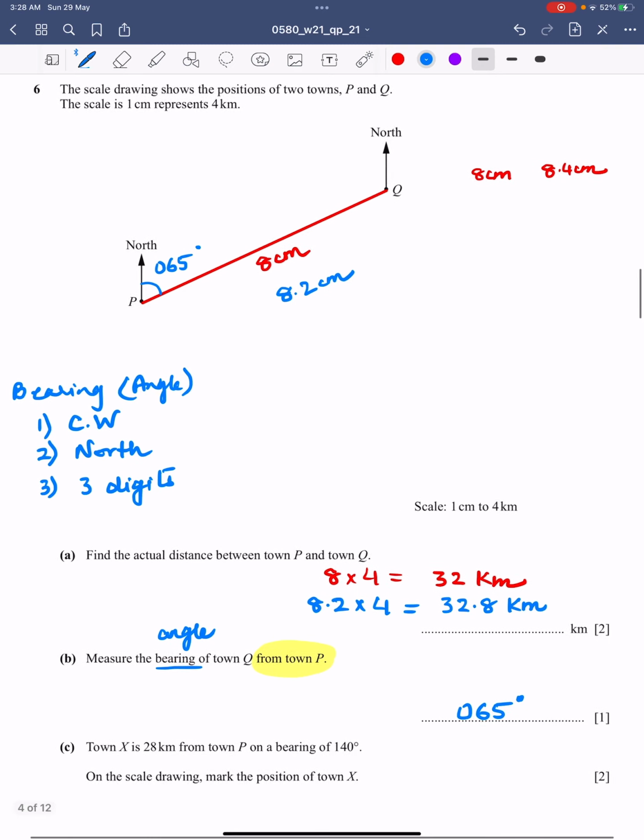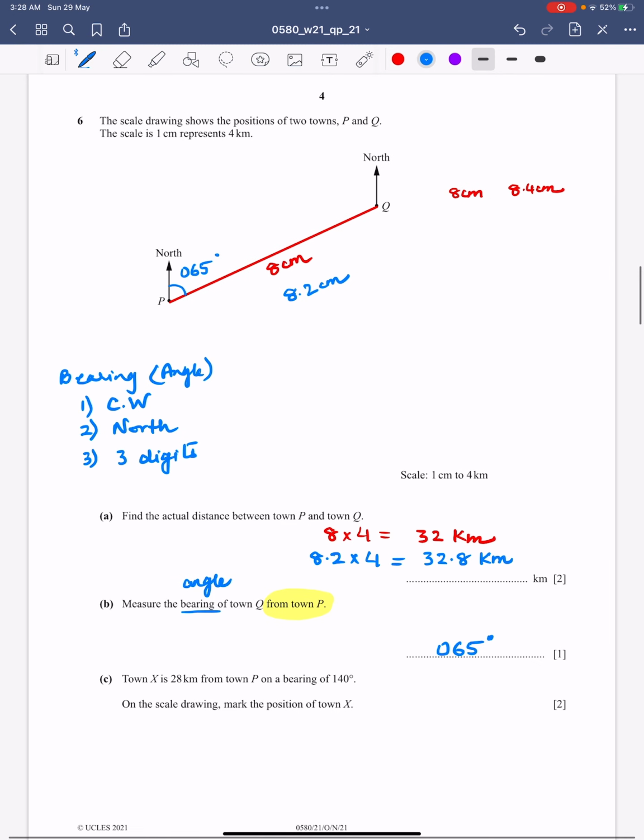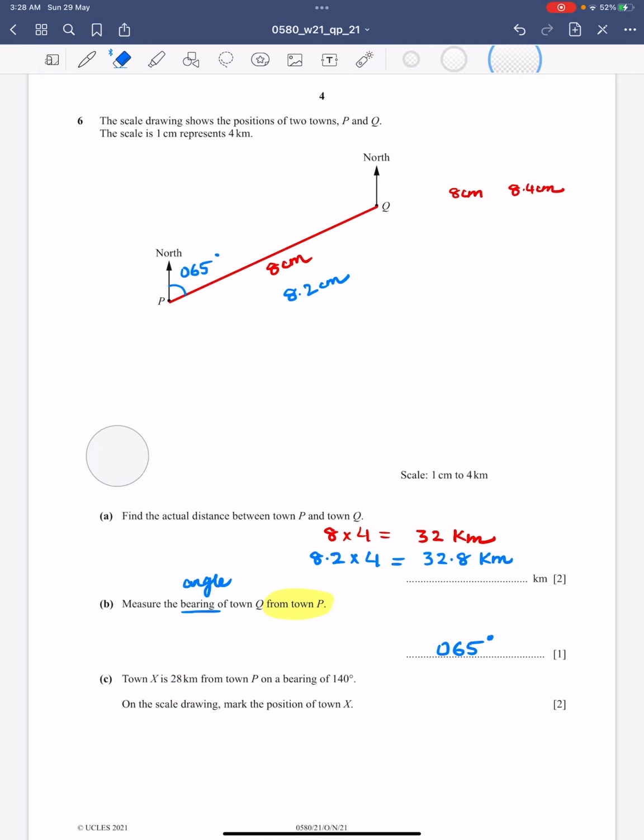Next question, C. Town X is 28 kilometers from town P on a bearing of 140. Now there is another town X which is 28 kilometers from the town P. Here is our town P, and somewhere there is town X which is 28 kilometers from town P on a bearing of 140. So again from town P, that means our bearing starts at P again.